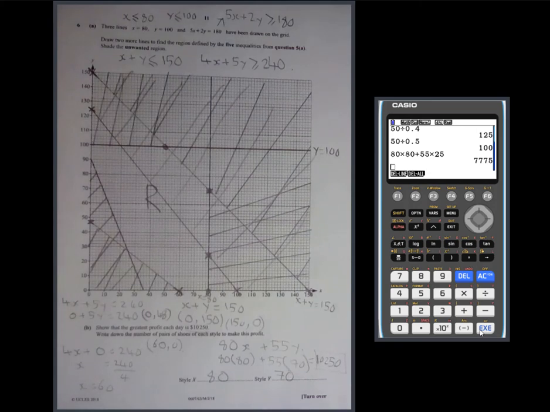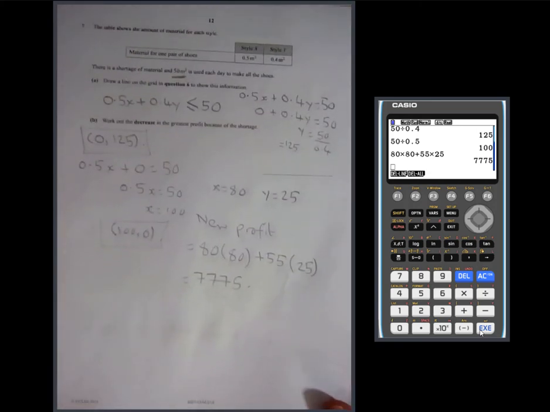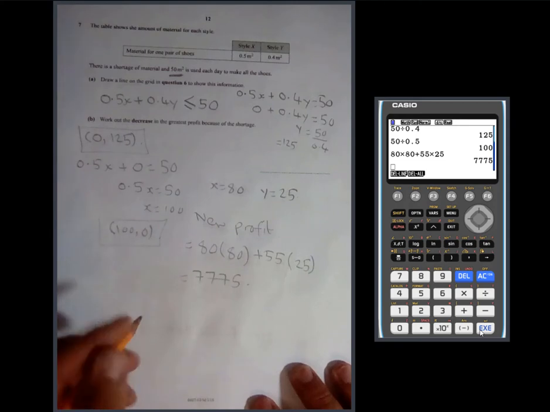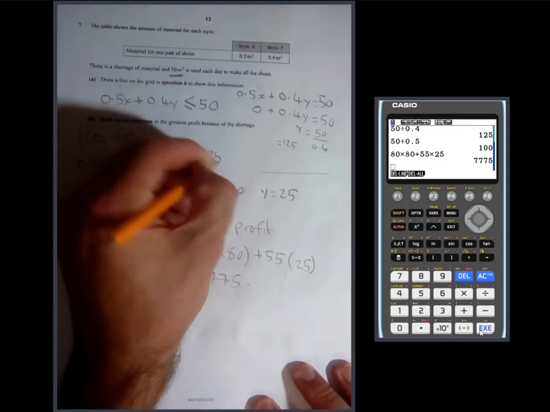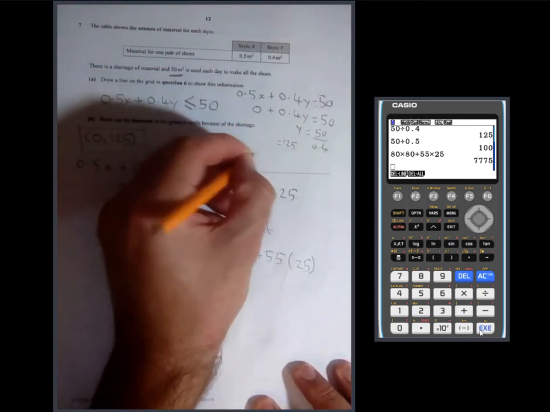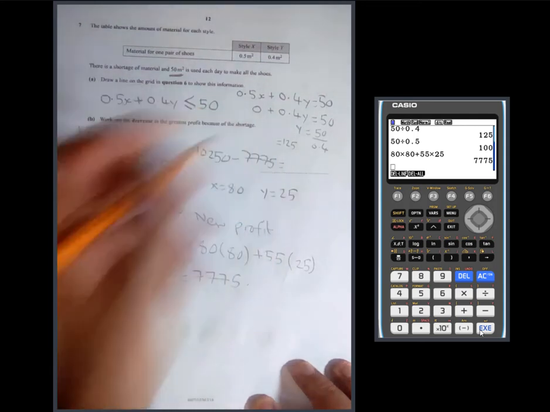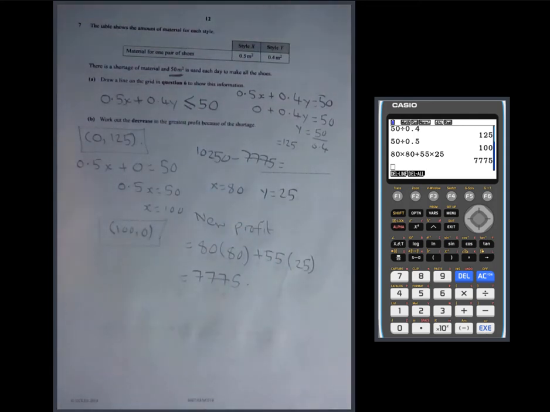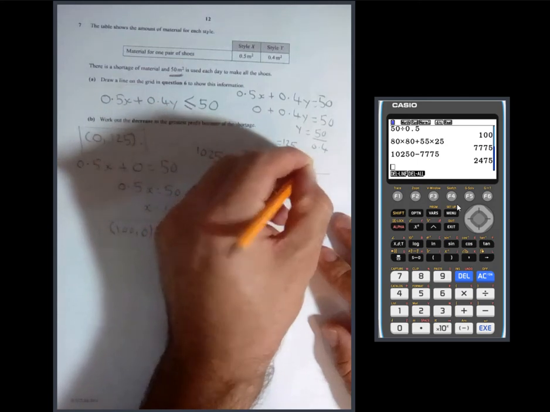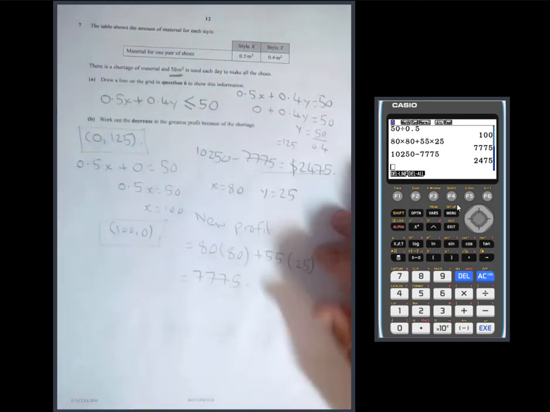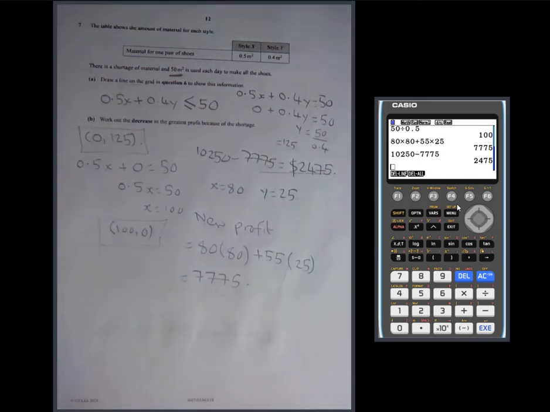So the decrease is going to be 10,250 minus 7,775. That gives us a loss of 2,475. Quite a significant dent in profits with this material shortage.